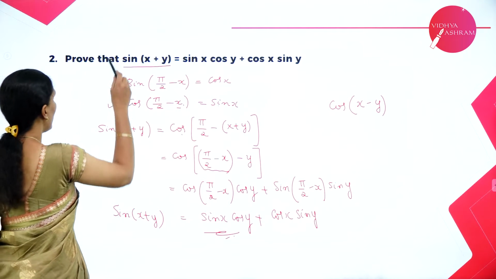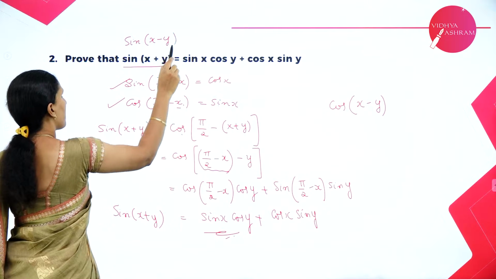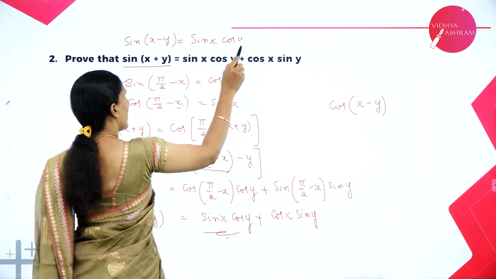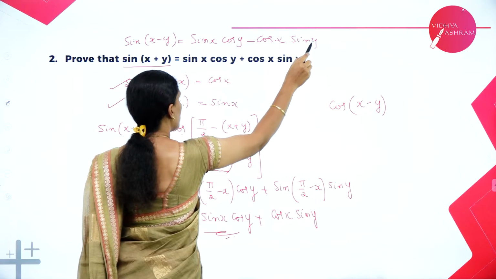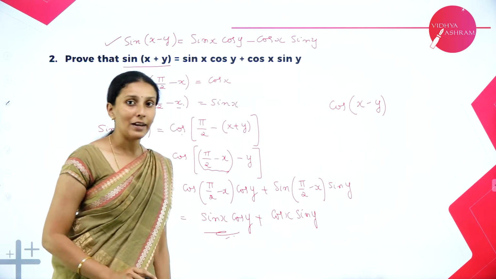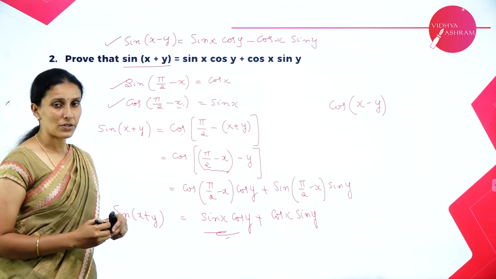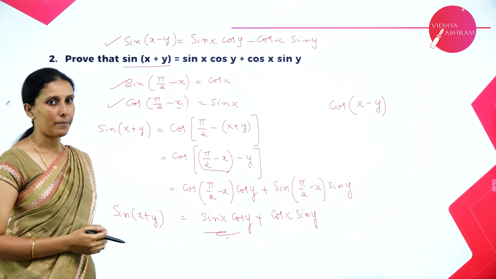So the same formula can be extended to sin(x minus y), which is sin x cos y minus cos x sin y. To get this formula, just write this formula and replace y by minus y. You will get sin(x minus y) as sin x cos y minus cos x sin y.